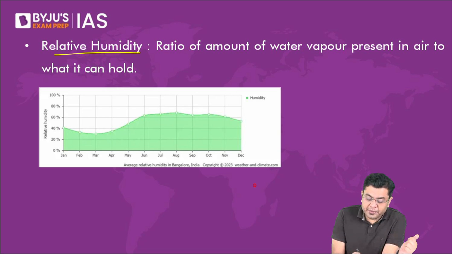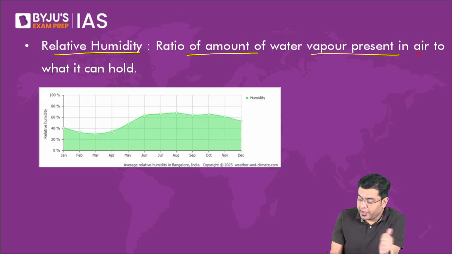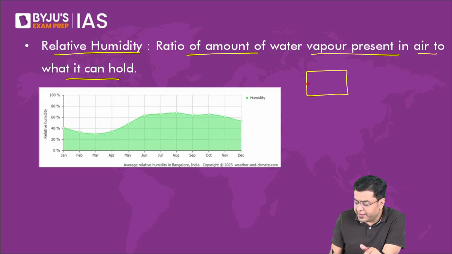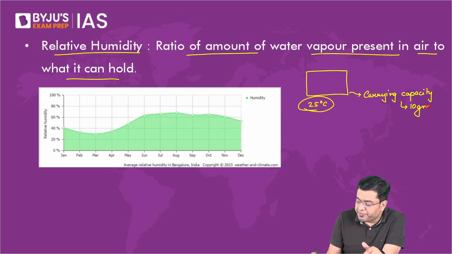So it is the ratio of the amount of water vapor present in air to what it can hold. When we consider an air parcel, of any kind of volume, let's suppose this is at 25 degrees Celsius. Here at 25 degrees Celsius, let's suppose the carrying capacity is 10 grams and the vapor present is 5 grams.